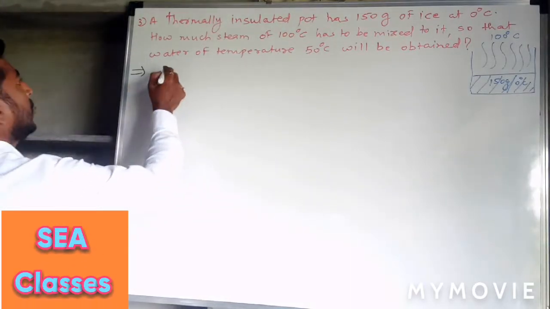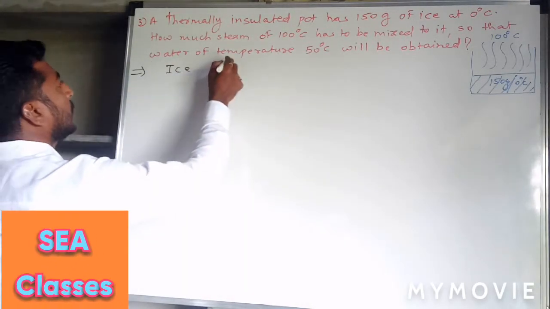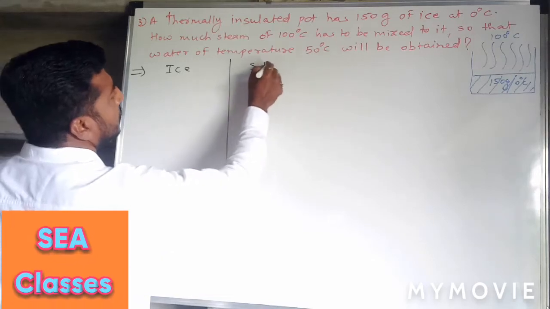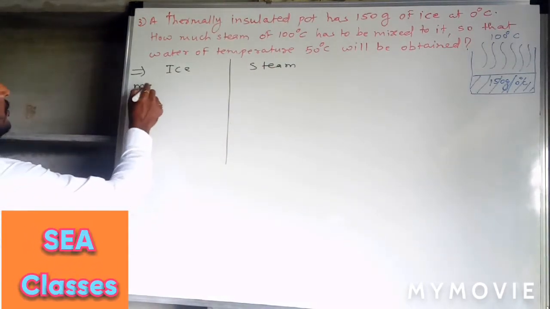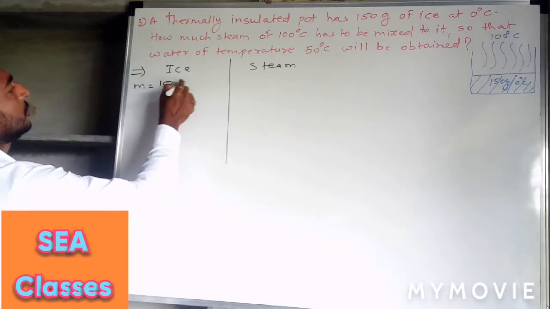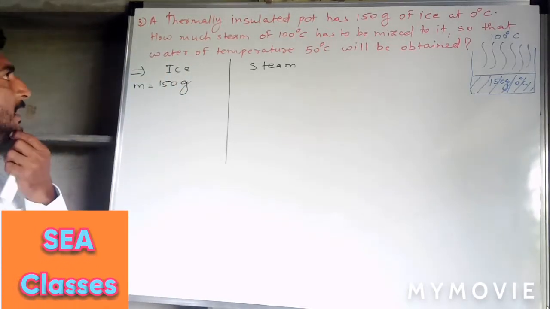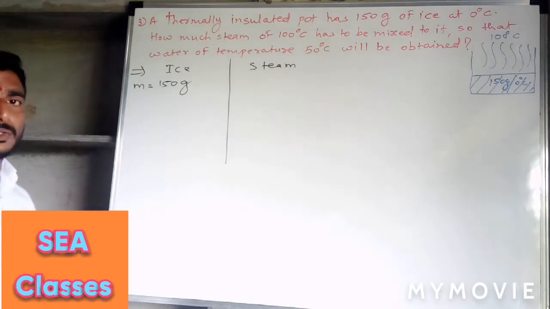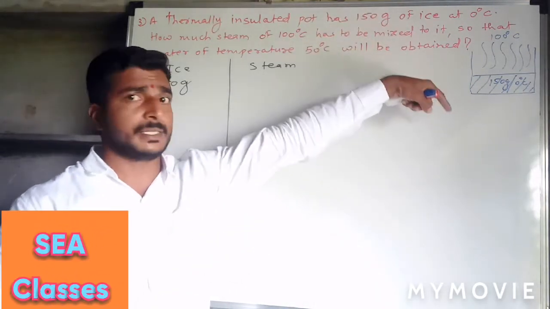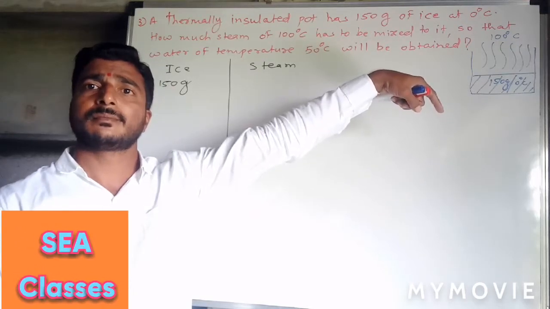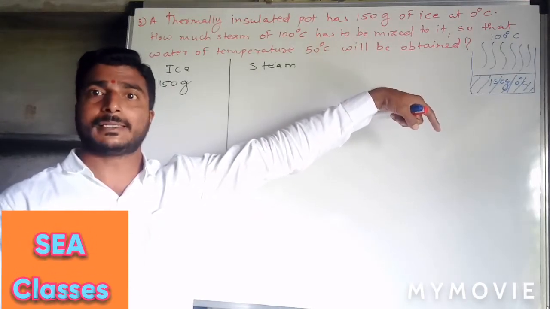Now here there are the scenarios ice and steam. Ice is having a mass of 150 gram and it is at 0 degree Celsius temperature. Now when we pass the steam into the ice, what will happen? Ice will start to melt.